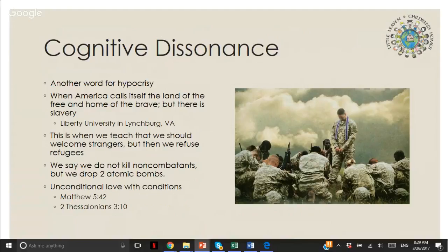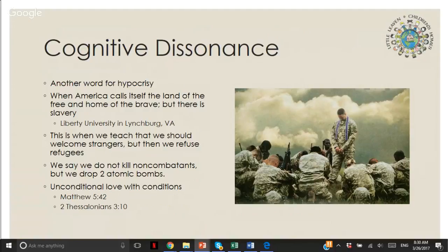You teach that you're supposed to welcome strangers. You hear it in a lot of churches, the evangelical right. Seriously, they teach in evangelical Christian churches that you're supposed to welcome strangers. But then these same churches will say, hey, we need to build a wall to stop people from coming.